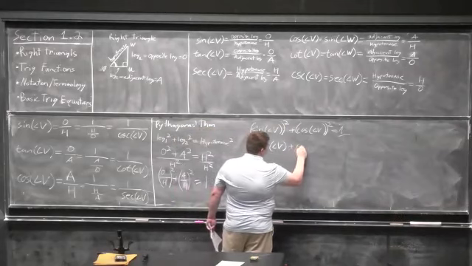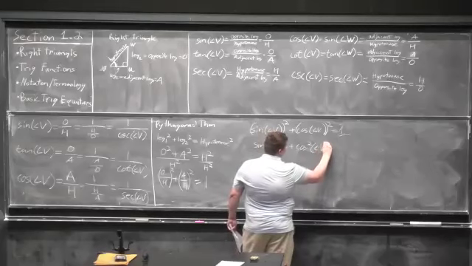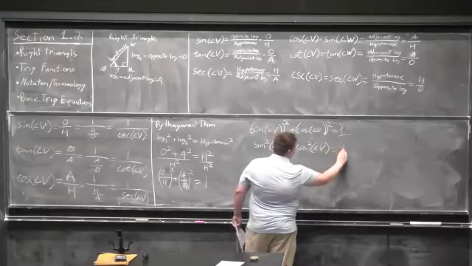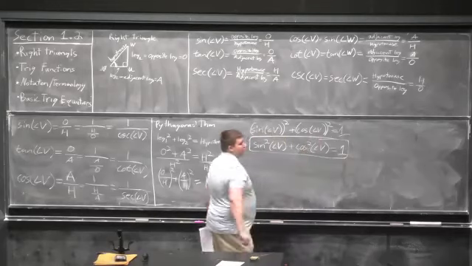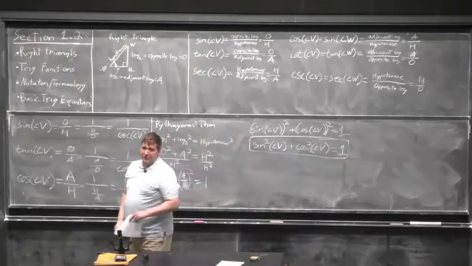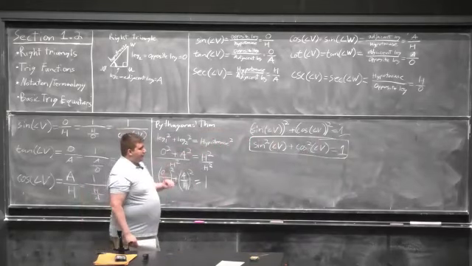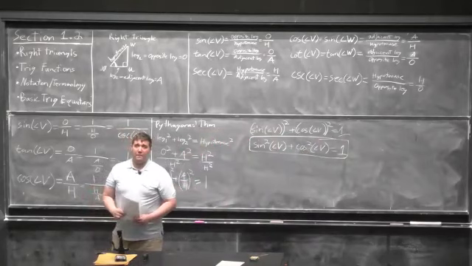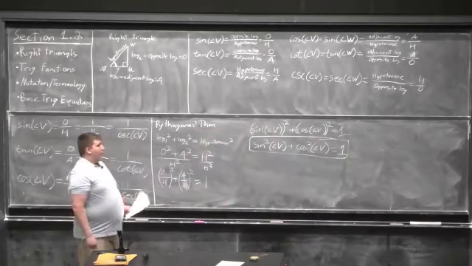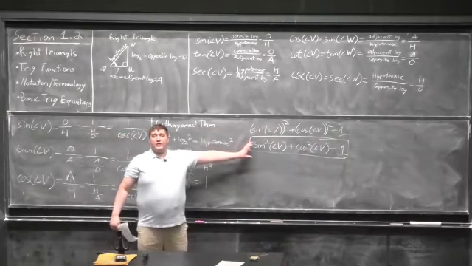So I'm going to have cosine squared of angle V match the same convention, equal to 1. There's your trig identity. We have sine squared of the angle V plus cosine squared of the angle V is equal to 1. Now, my claim is this is the trig identity that you must memorize.